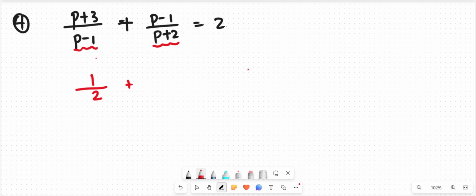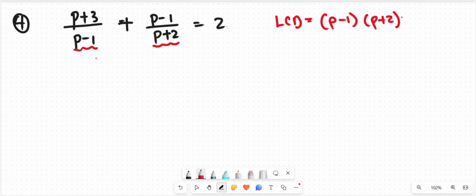Since those denominators are different, how do we get our LCD? We just multiply each of those binomials altogether, and that is our LCD. Then what do we do with this? We multiply it with every single thing. So first fraction multiplied by LCD.